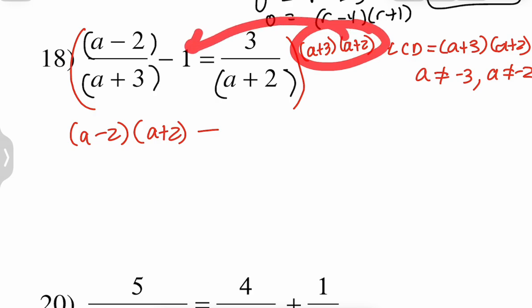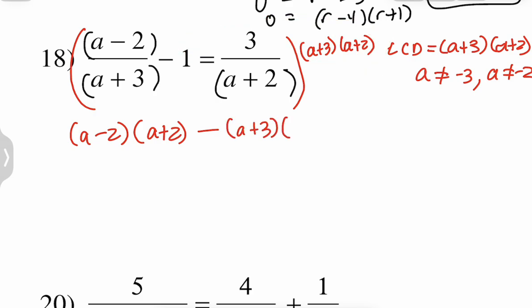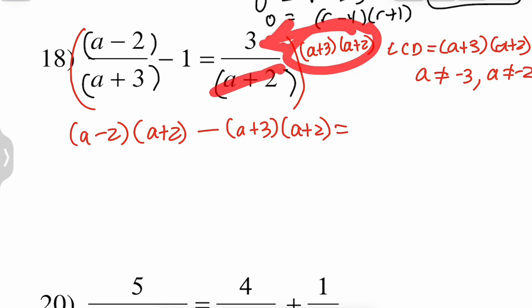This piece is going to multiply by that negative 1, so just sit it next to a negative symbol. We'll take care of that in a minute. This piece next to the 3, the a plus 2's I don't need anymore, but I do need the a plus 3.